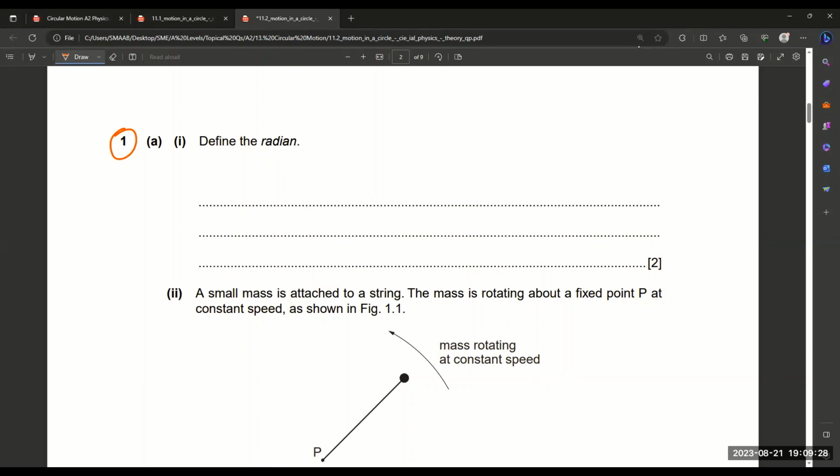So first thing we can say is that the first concept is related to the angle subtended by the body or any object during circular motion.